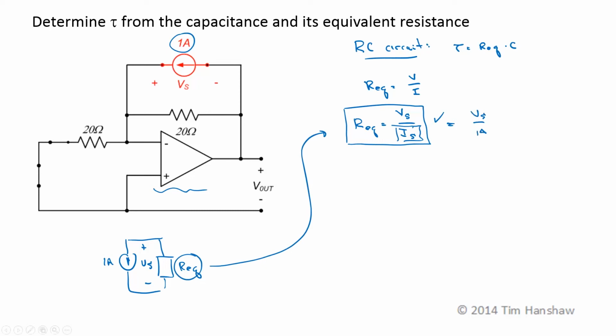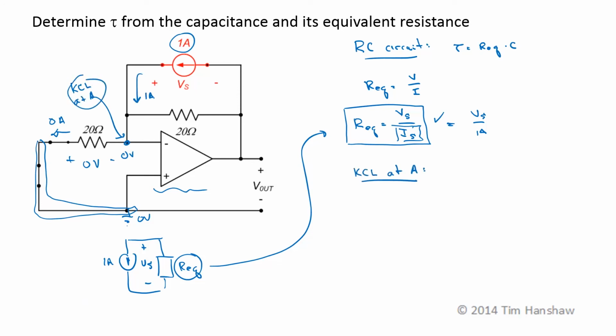I solve the circuit exactly the way I would any other circuit. I'll make this my reference terminal at 0 volts. That means this is 0 volts. If this is 0 volts and this is all shorted, then the voltage difference across this resistance is 0 volts and this current is 0 amps. Now if I do KCL at A, I have 1 amp going this direction.